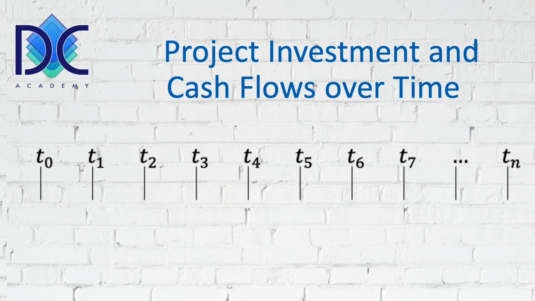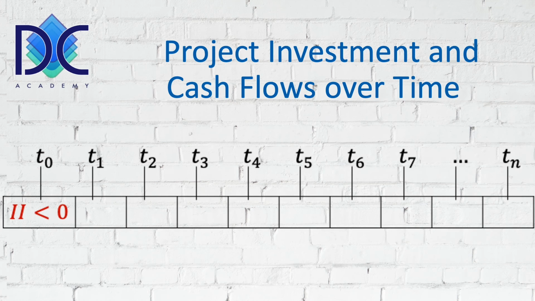At the moment T0, I have that initial investment. It's a negative value. And for all the calculations that we are doing, the investment itself is a negative value. But what is happening once we have that investment ongoing, we are creating cash flows. And like I said, they may be positive or negative, all depends on the actual situation.